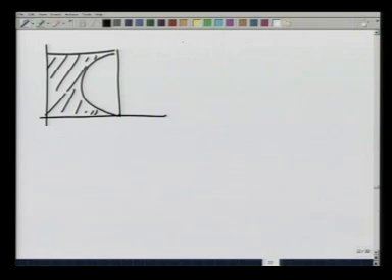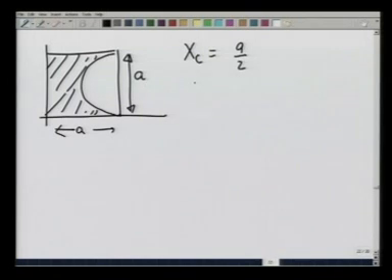For a square, x c is going to be a by 2, where a is its side. The radius of the semicircle is equal to a divided by 2, and I know from the base that the centroid is at a distance of 4r divided by 3 pi.